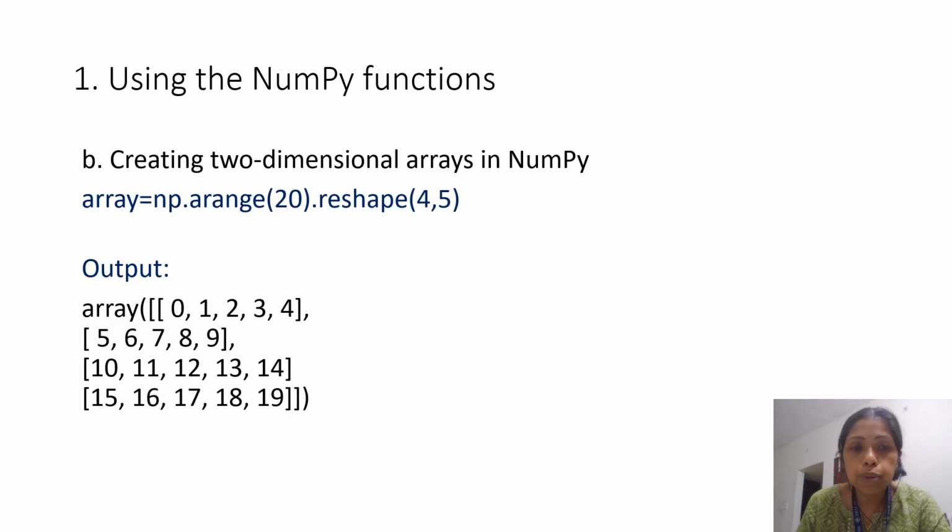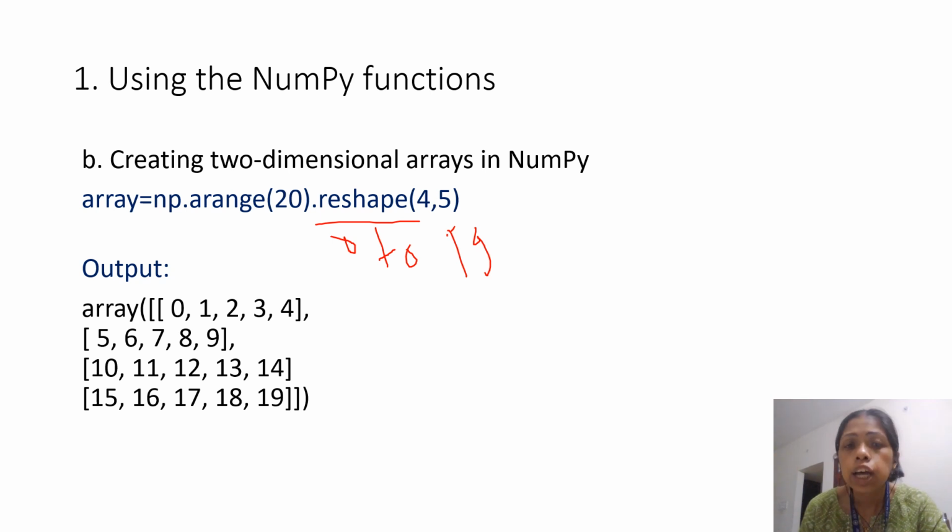In the previous slide, I said that if you write only the array, you get the values from 0 to 19 in one dimension. Shape is for getting the dimension of a particular array. Reshape means you are changing the dimension of the array.